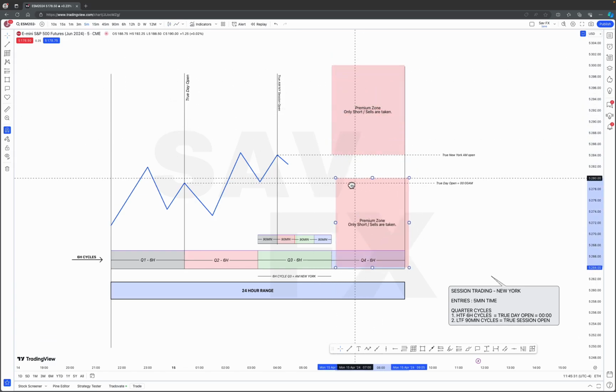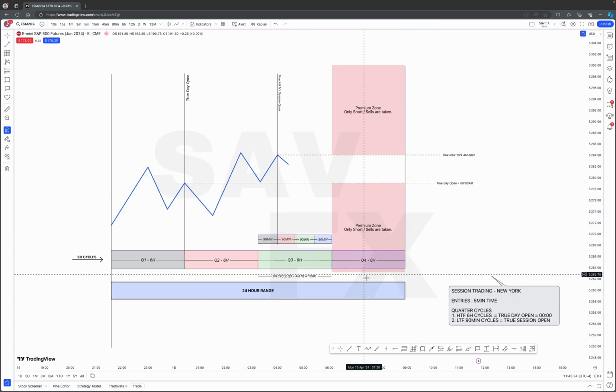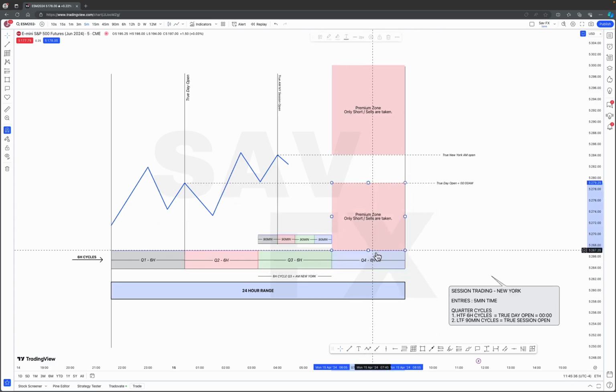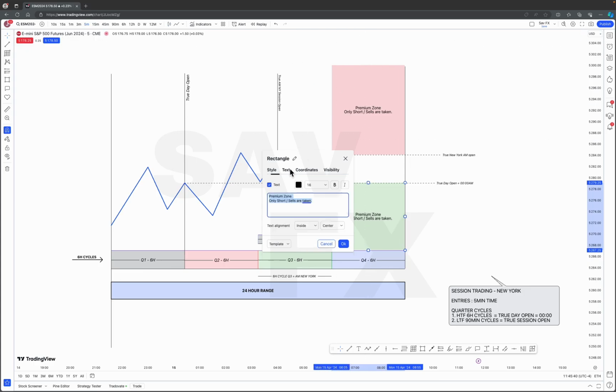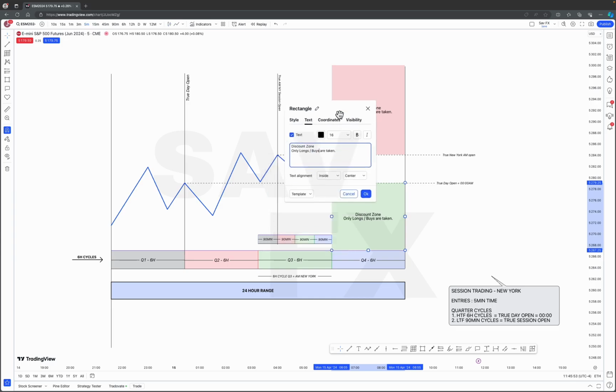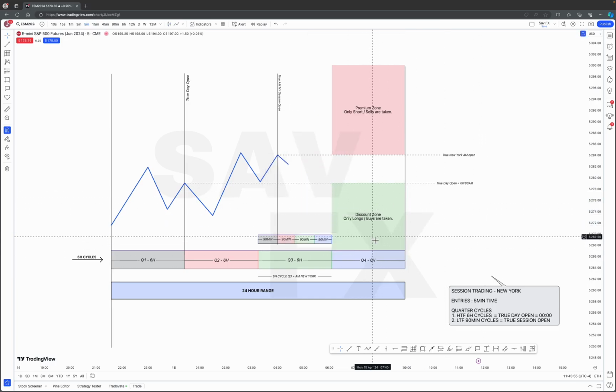And then anything below the two ranges, like this, is discount. Only longs slash buys can be taken, meaning your highest probability trades will be executed within this range.